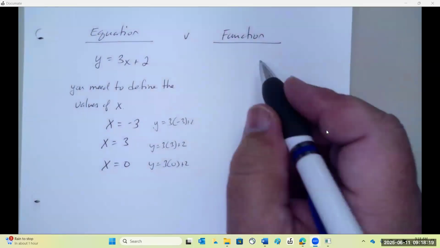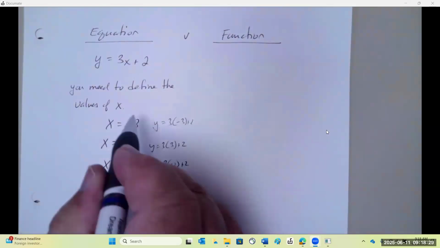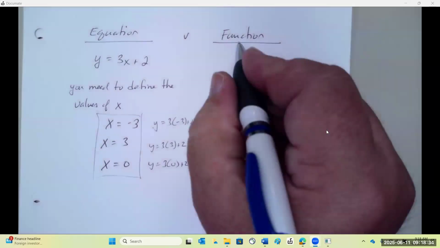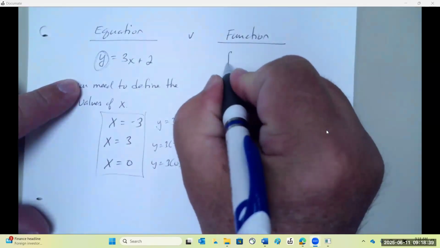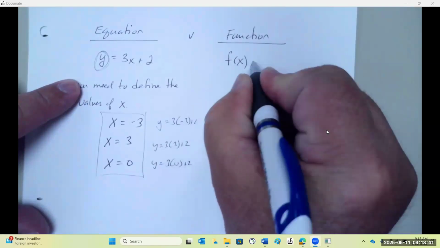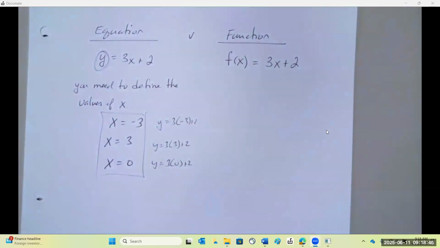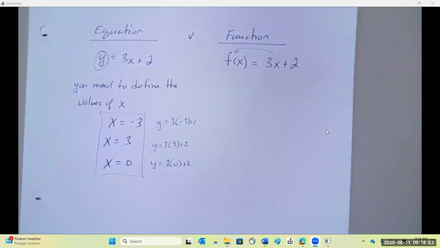It's much easier when we use functions. A function defines the equation in a unique way, but it incorporates my definition of x. So instead of y, we use a name for the function. We give the function a name. So this equation is called by the function f.